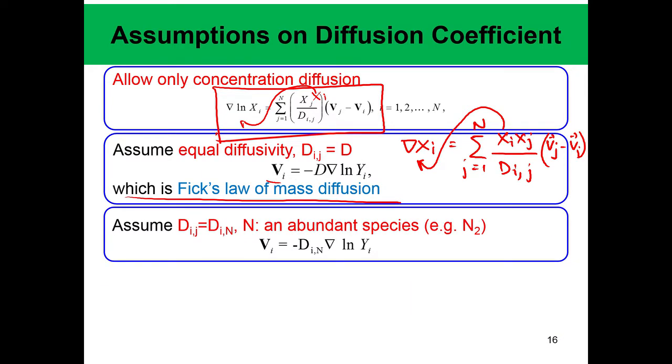But a better assumption is that instead of equal diffusivity, we consider that Dij is equal to DiN, where N is the abundant species, and this is a good assumption. Of course, we are considering air breathing combustion, where the oxidizer is air instead of pure oxygen, and when there is air, the abundant species is of course nitrogen, which is about 71% by volume in air.